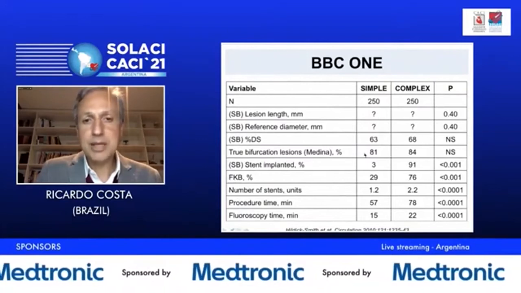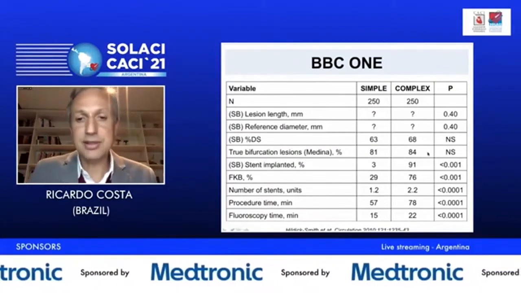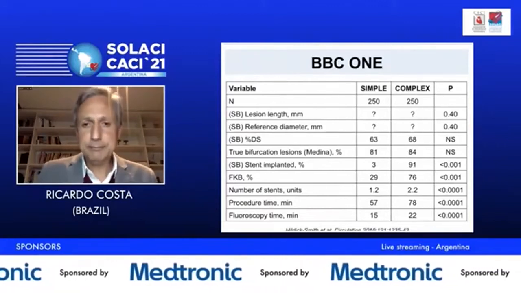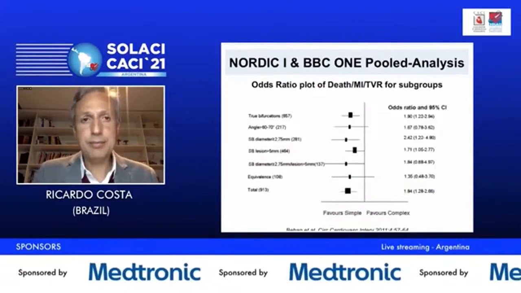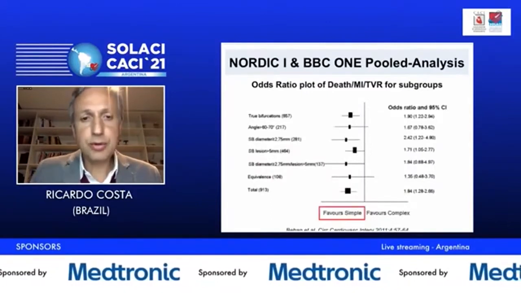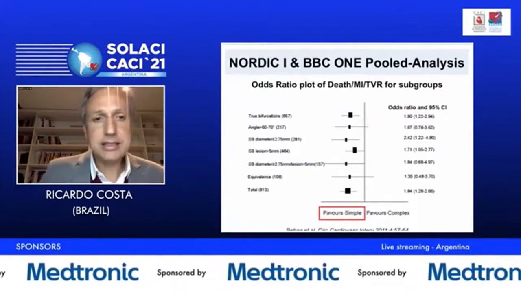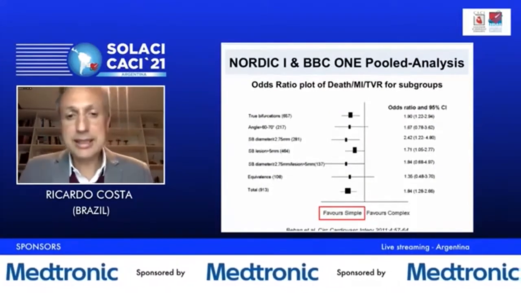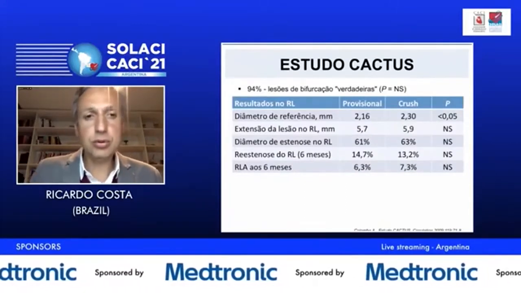We don't know the type of complexity that we have in BBC1. This is the BBC1 trial with true bifurcations, and the results are more favorable than for simple techniques. There are 2 more studies with so-called true bifurcations that favor the simple strategy.